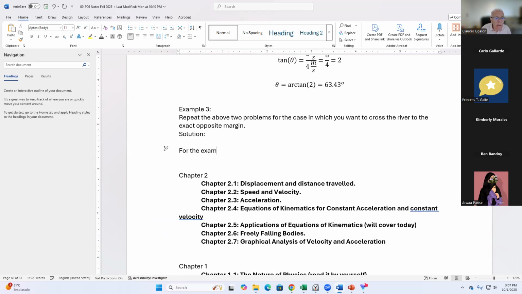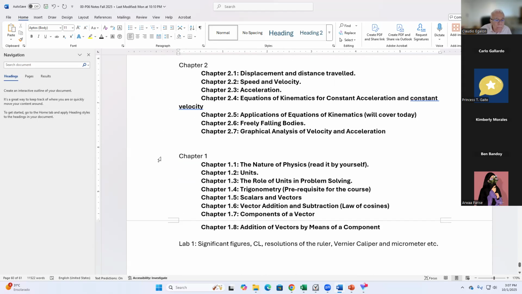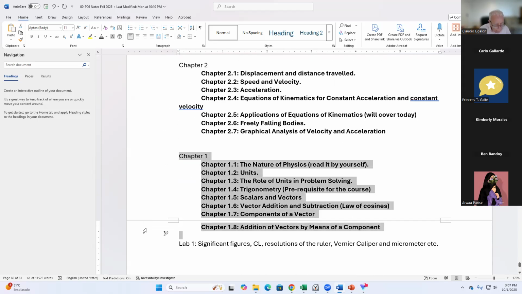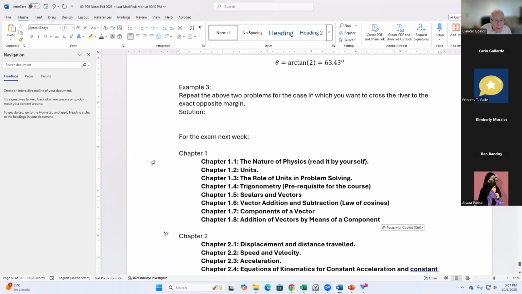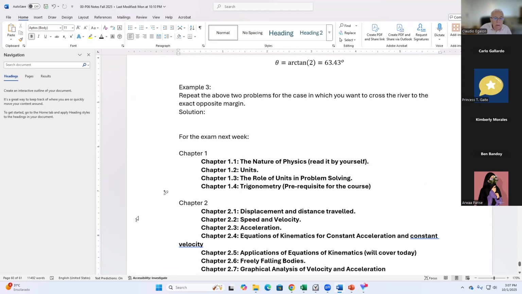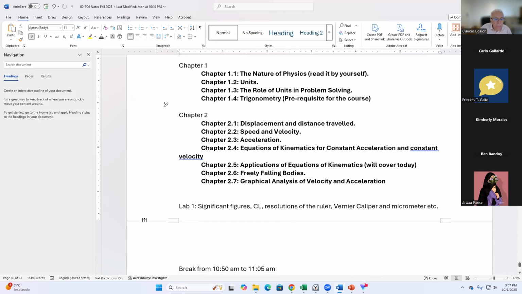For the exam next week, I'm going to move this one upstairs. Nature, yes. Role of units, trigonometry. Not this part, right? That would be for exam number 2.